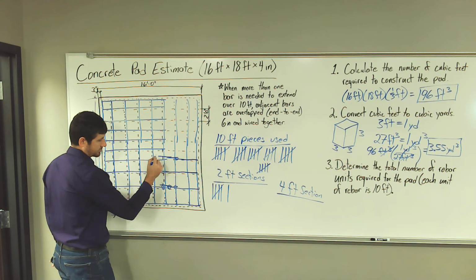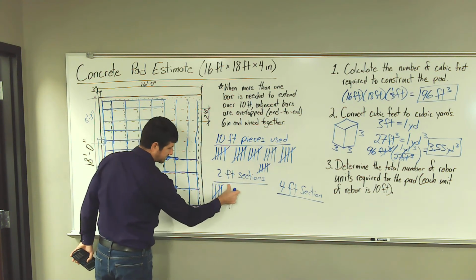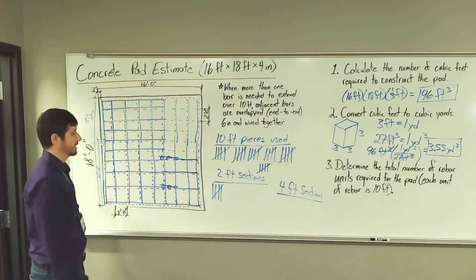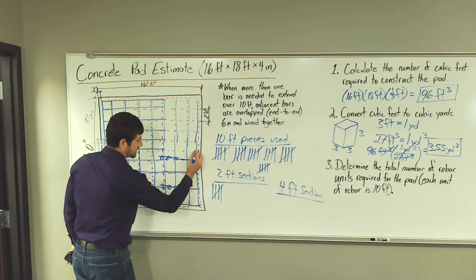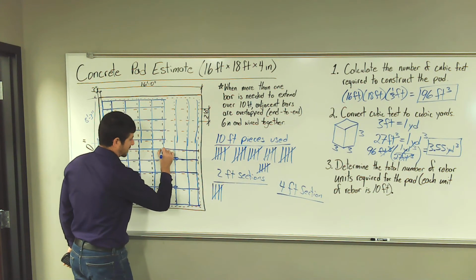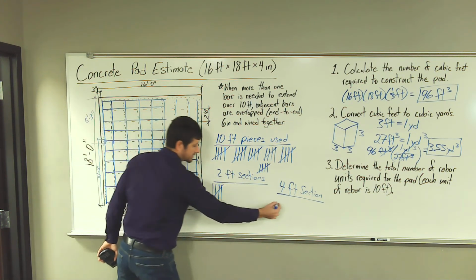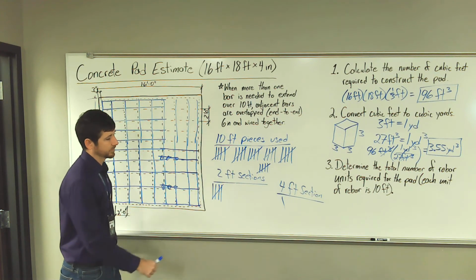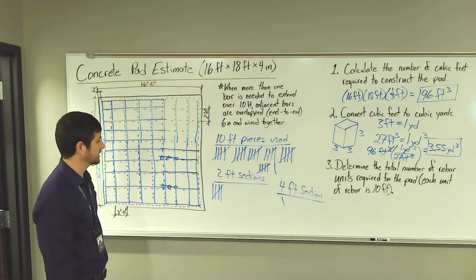So I'll put another 2-foot piece there so we can wire that together. All right. So we're going to use another 10-foot section, but we're only using a 6-foot piece of that, so we're going to cut it. That's going to give us 4 foot left over. Let me add the 10-foot section to our tally there.